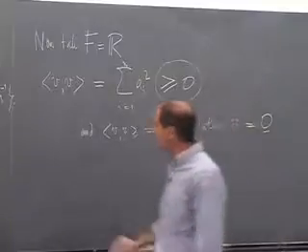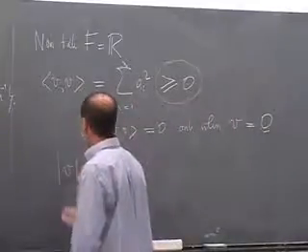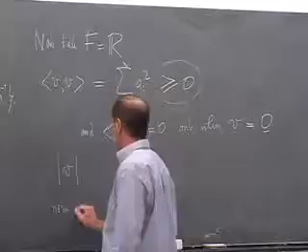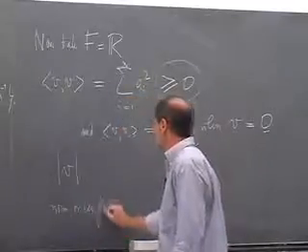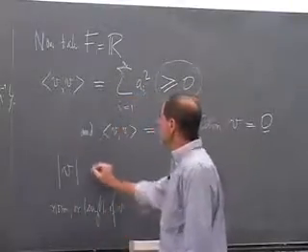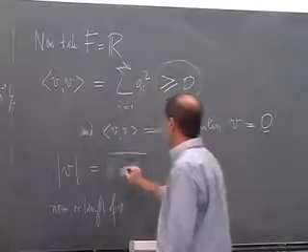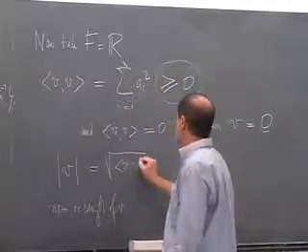And so we define the norm of V, or the length of V, to be the square root, the positive square root of (V,V).